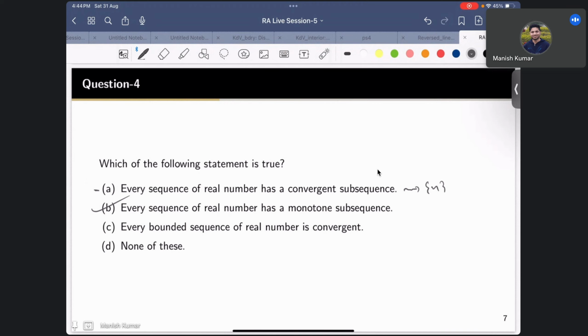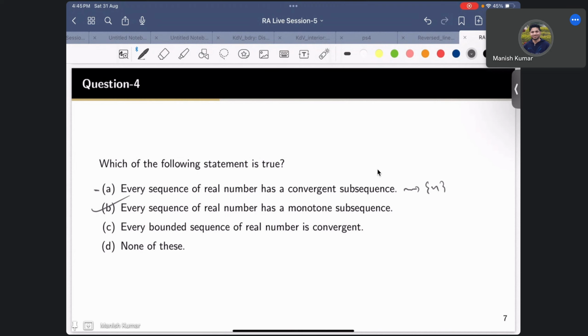And the one who answered A to be true, I guess you are confused with another statement, which says that every bounded sequence of real numbers has a convergent subsequence. Over here nothing has been mentioned about whether the sequence is bounded or unbounded. When you have a bounded sequence, it will have a convergent subsequence, but it's not true in general.